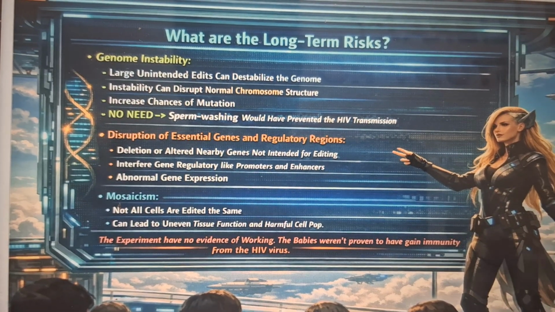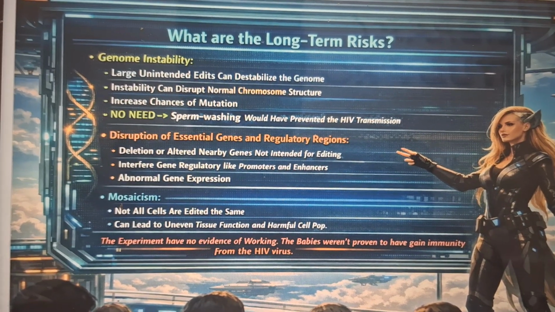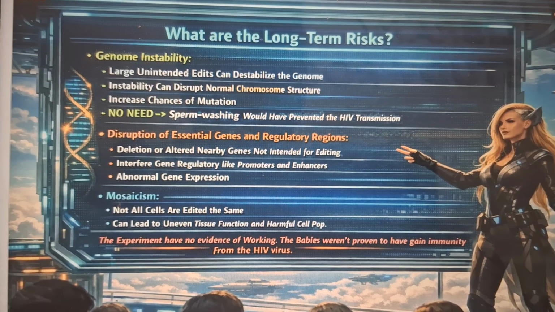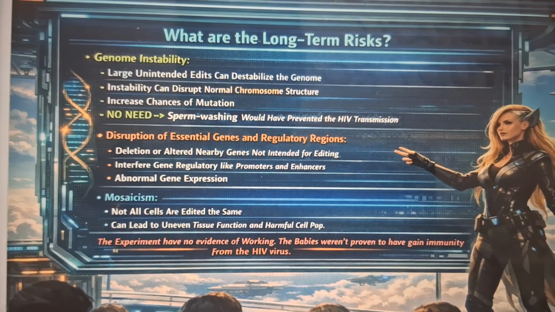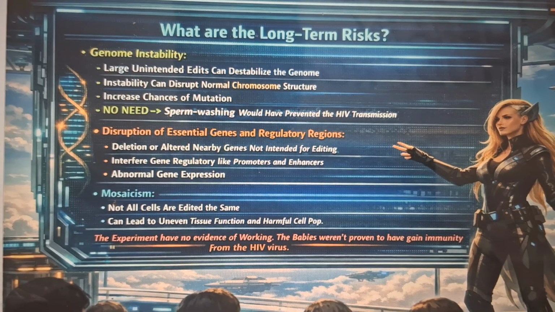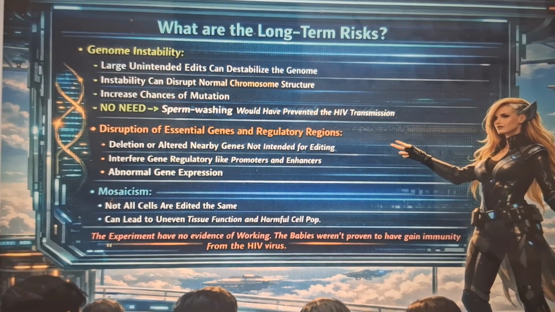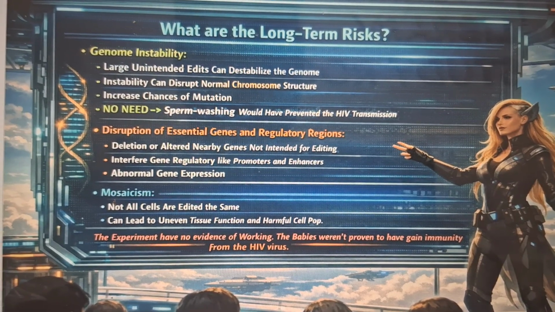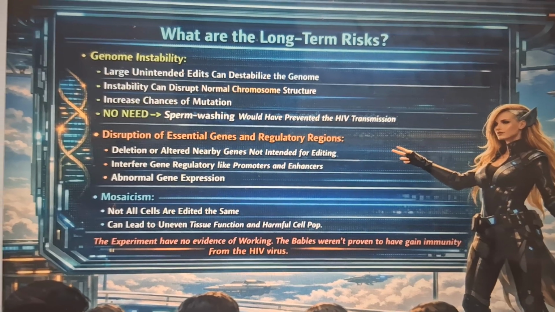So, what are the long-term risks? These include genome instability, which includes large unintended edits that can destabilize the genome, and instability can also disrupt normal chromosome structure and then increase the chances of mutation.